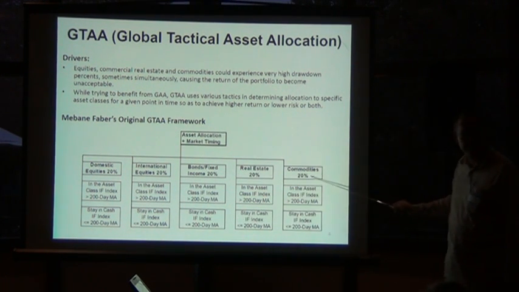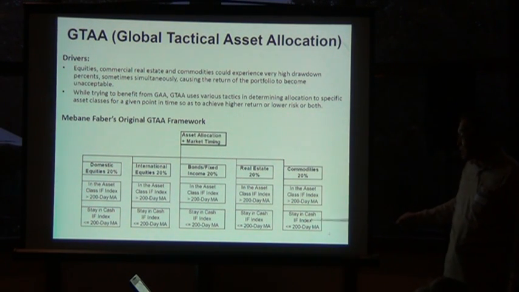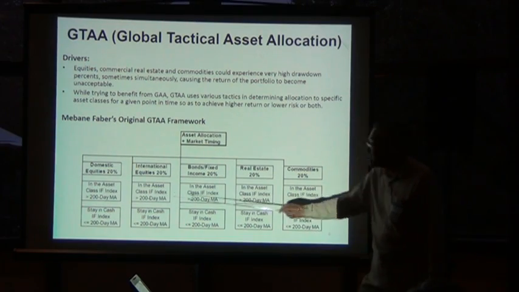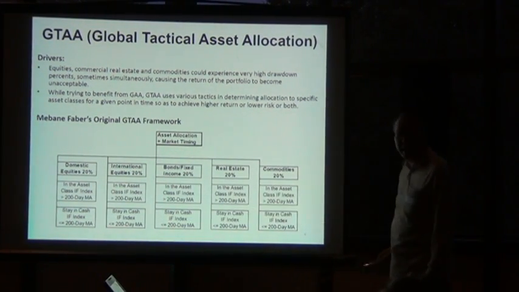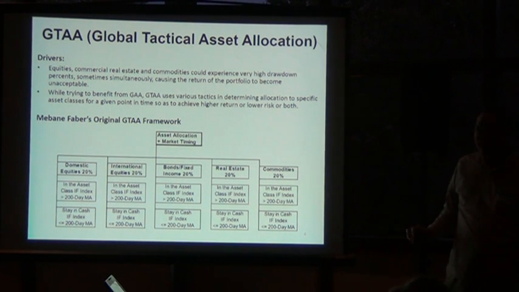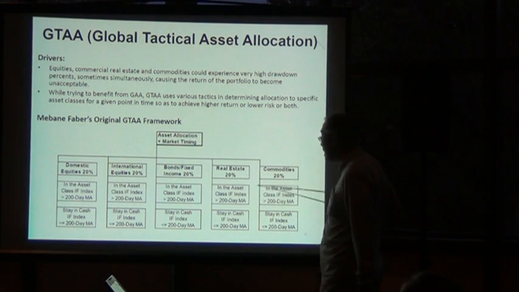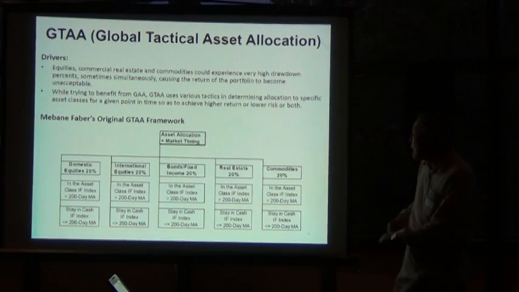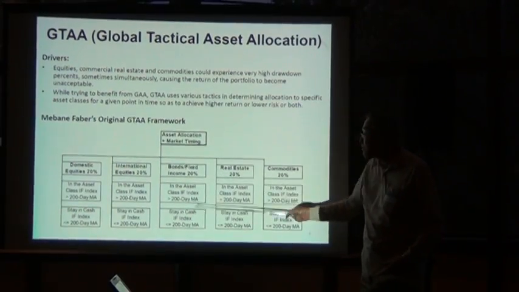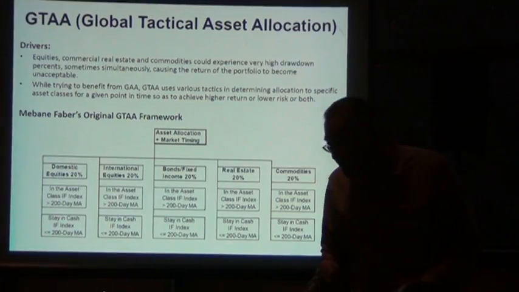The same thing is also true for commodity. Last year, commodity did not do well, so stay in cash most of the time. So essentially, you have a 60% investment and 40% cash. And these three asset classes were doing quite well last year. So when you are handicapping yourself with 40% cash, your performance will not be very good.